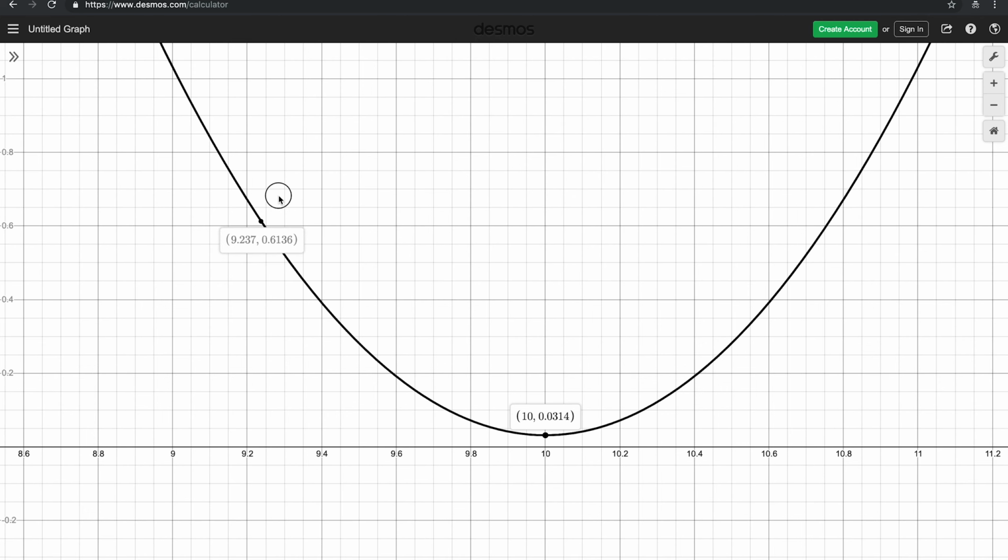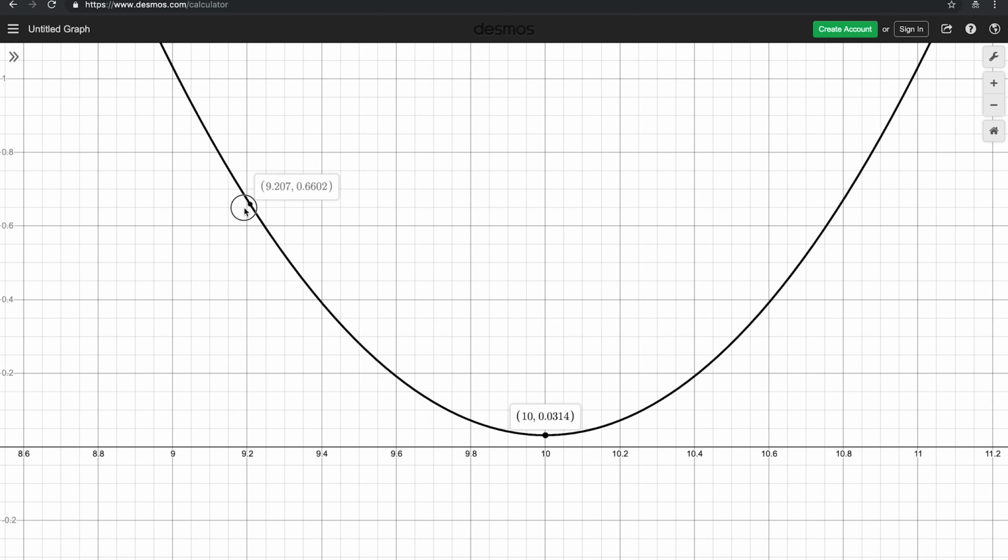So let's look at two examples, right? Either the error is high, and let's just imagine that this is graphed with the error, or the cost, on the y-axis and the m value on the x-axis.